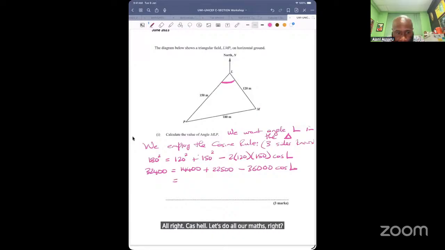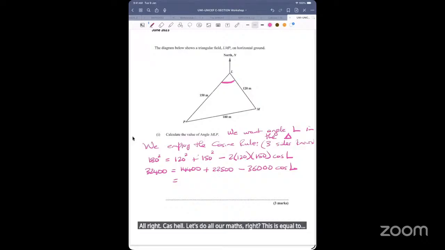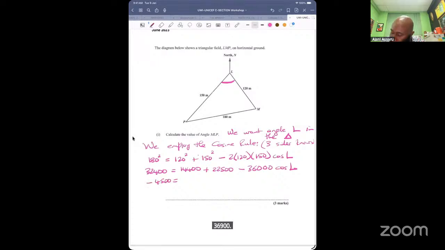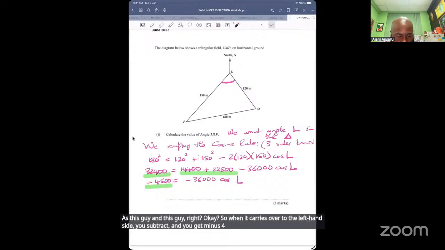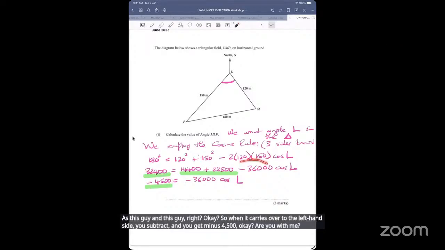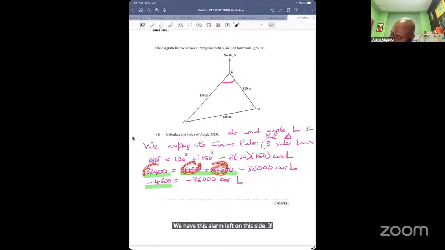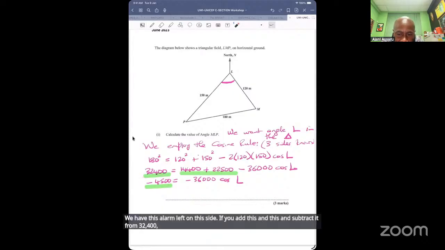This is equal to 36,900 minus 36,000 cos L. When you carry these over to the left-hand side, you subtract and you get minus 4,500. Are you with me? Yes, sir.